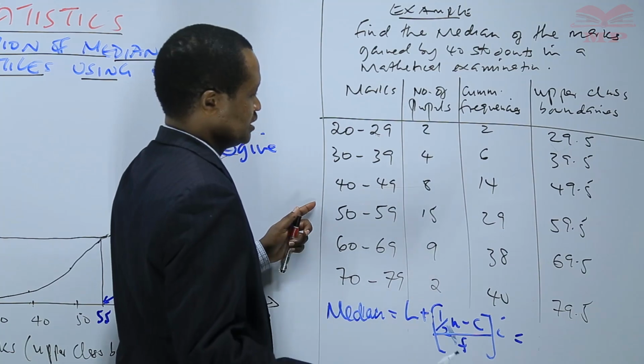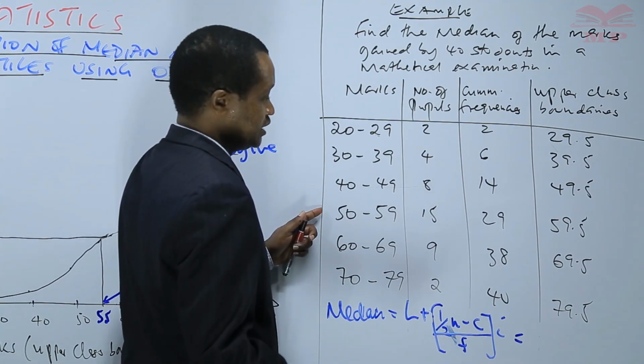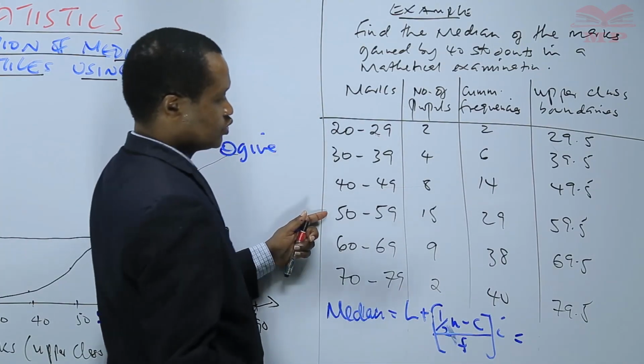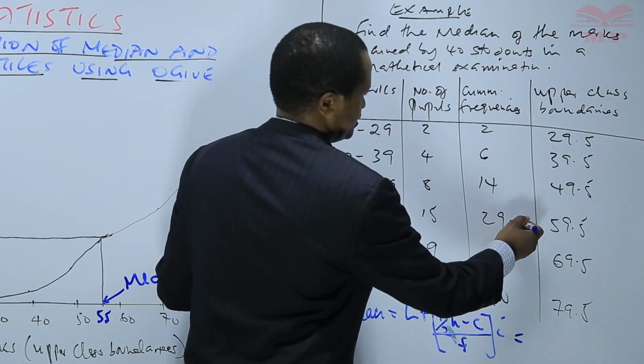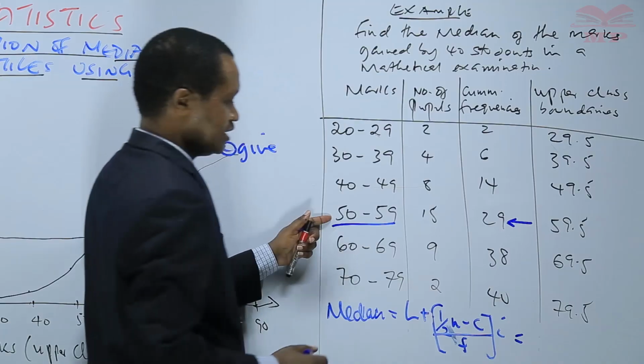we have seen that the middle value is 20. Half of n is 20. So 20 lies in this class. This is the median class.